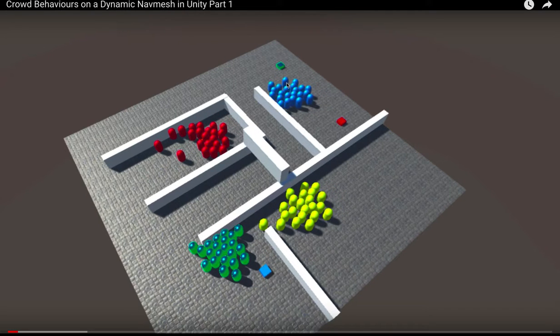and those destinations allow us to watch a crowd simulation in which the green crowd goes toward the green destination, the red toward the red destination, and the yellow to the yellow destination. So it's interesting to watch these move.